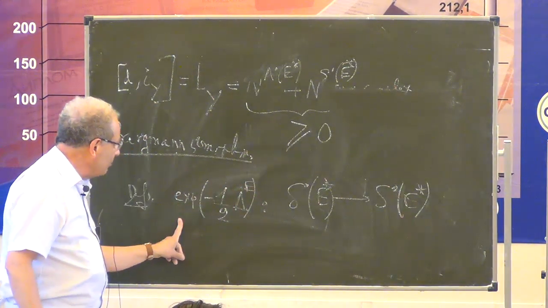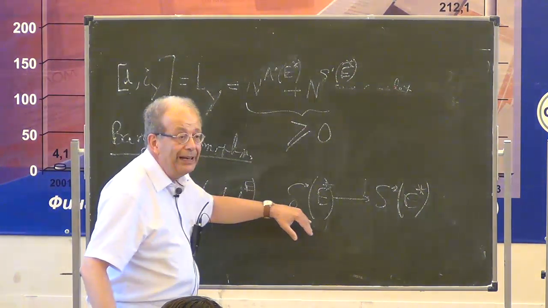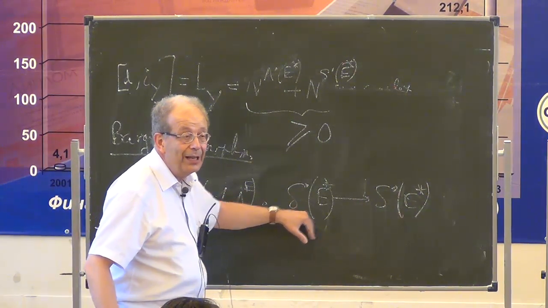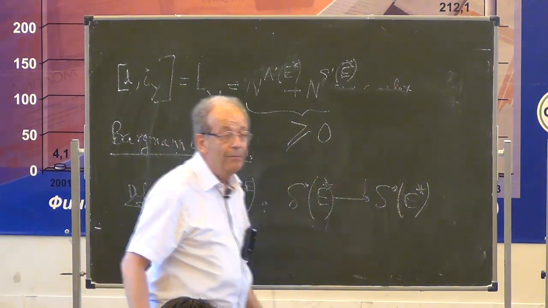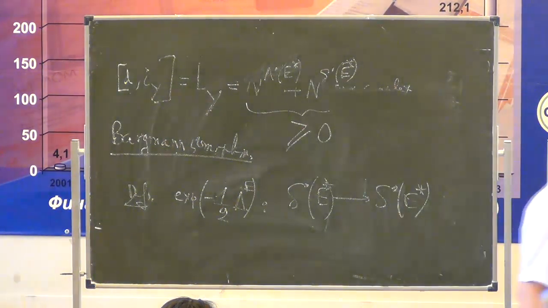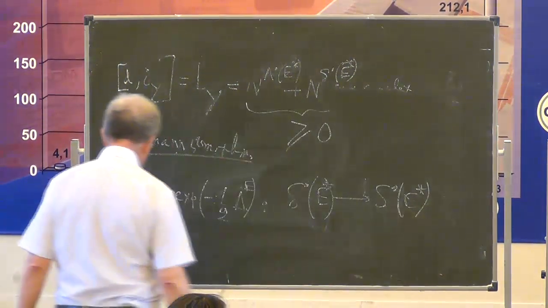So this is 1 minus 1/2 of delta E plus the square and so on. And so you see that when acting on polynomials, the expansion just stops. So there is indeed a map from S of E star to S of E star, and this is a filtered map. That is, it maps polynomials of degree smaller than p into polynomials of degree smaller than p. So this map is well defined.